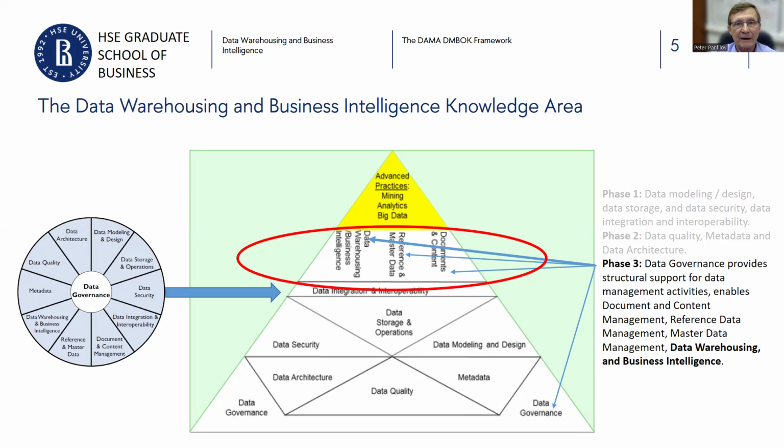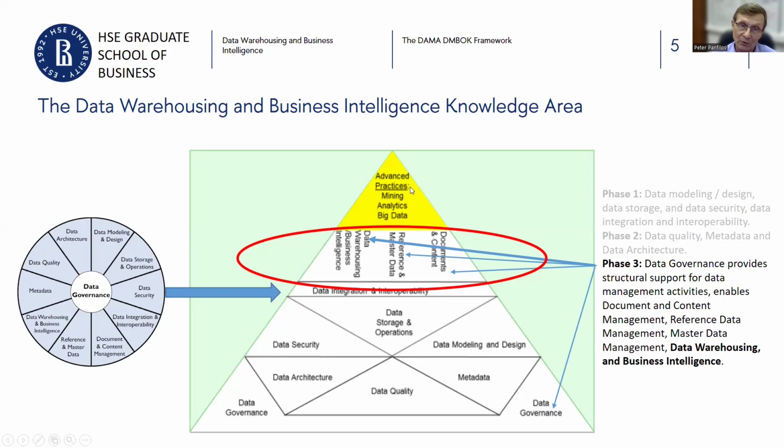And according to the ICONS pyramid, we are in phase 3 now. In phase 3, we have master data management, and we have data warehousing and business intelligence. So now we are here. After building master data management practice, we move to data warehousing and business intelligence. So we are going closer and closer to end users.